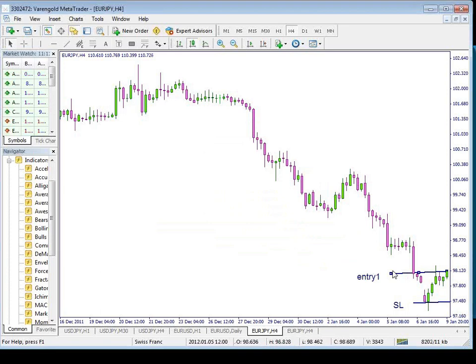And I will set the first target at 100.02, somewhere in that area. Target 1.